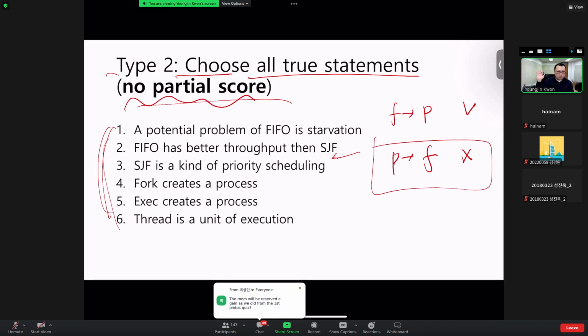Any other questions about the final? The room will be reserved again for who? Yes. That was a problem before: we didn't make a computer room for students who were having trouble accessing the safe browser.